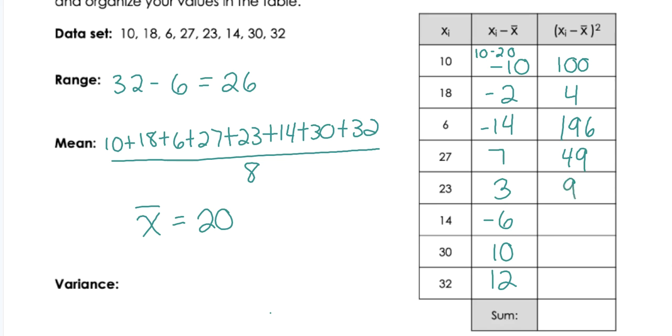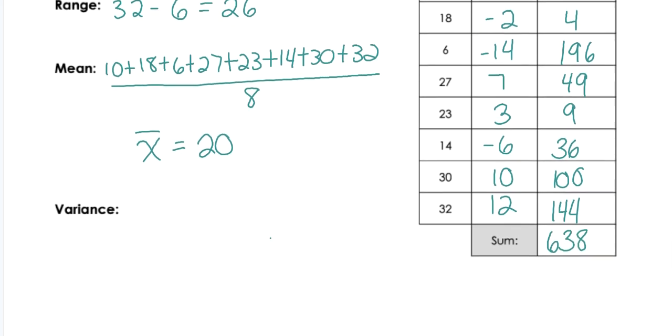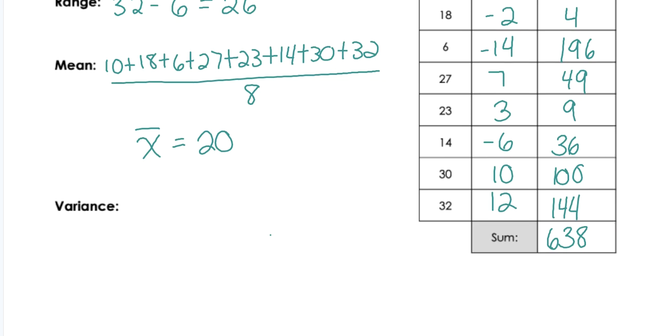And we keep squaring all the way down to the bottom. Then remember, the variance formula is the sum of those divided by how many there are total. When I add up that column, I get a total of 638. That's what we're going to use in order to calculate the variance.